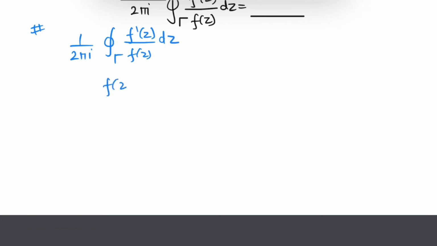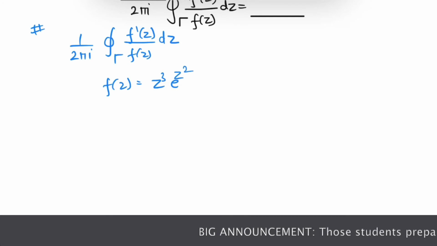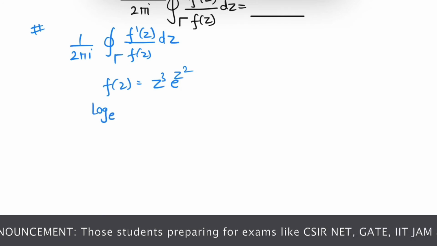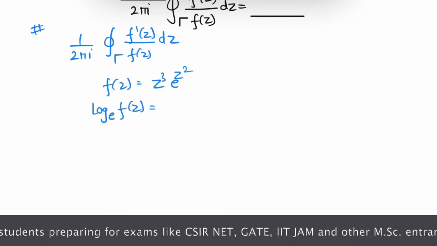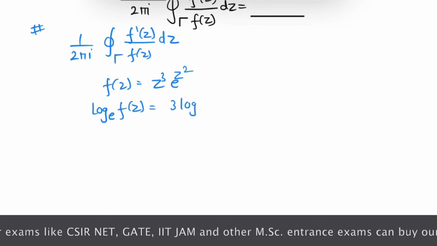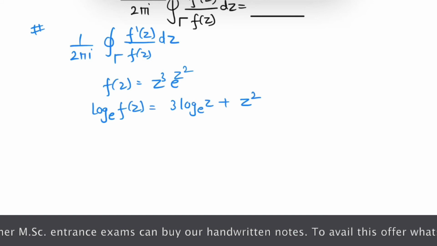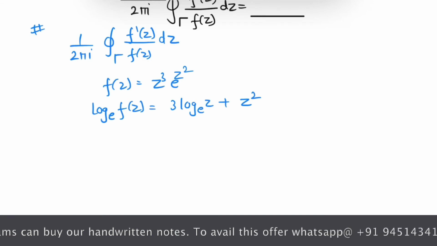Given f of z is z cube e raised to power z square, now taking log on both sides, we'll get log base e of f of z equals 3 log z plus z square. Now let's differentiate both sides with respect to z.